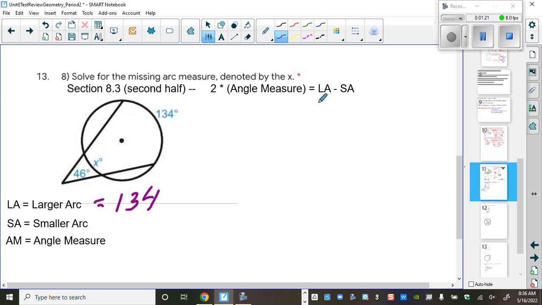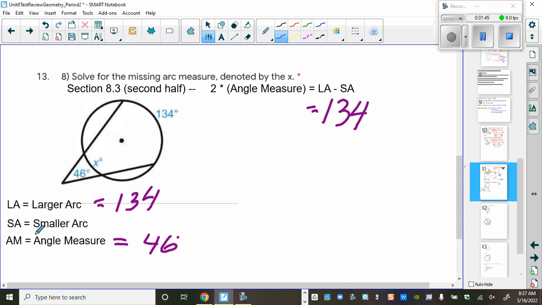All right? What else do you think is given to us? Angle is given to us, which is 46 is the angle.